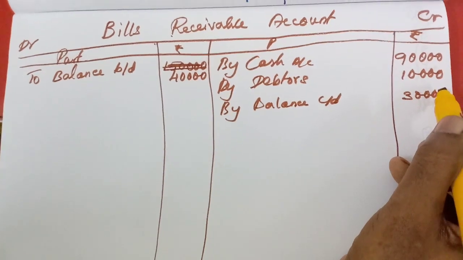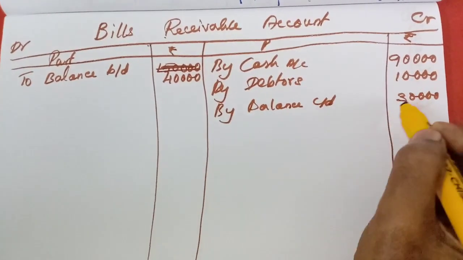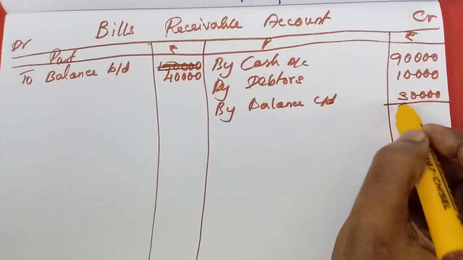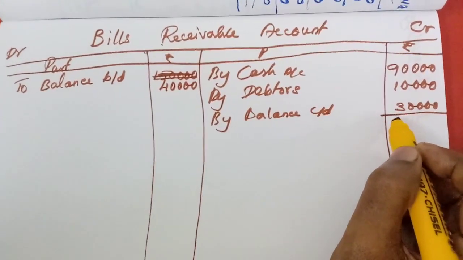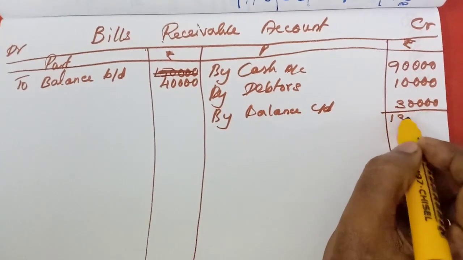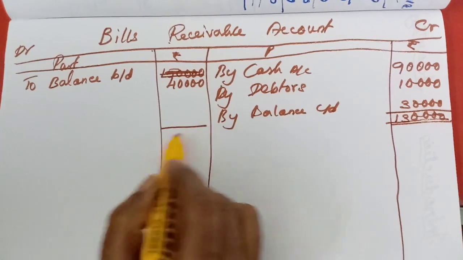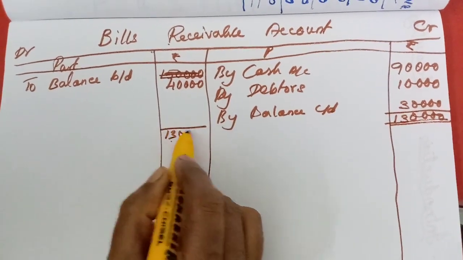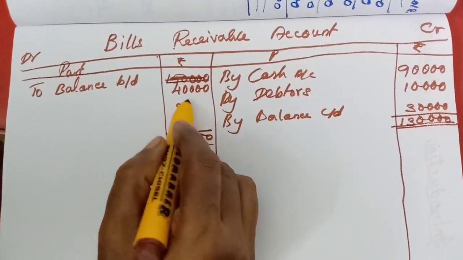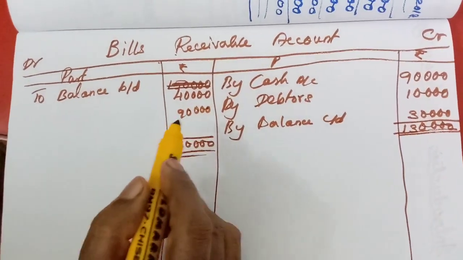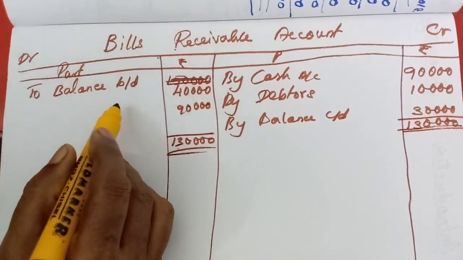Then closing sundry debtors, cash sales. Only these many items will come. Now we have to balance them. So 1,30,000. Write the same amount here, 1,30,000. So what is the amount? 90,000. 90,000 is the bills receivable received.